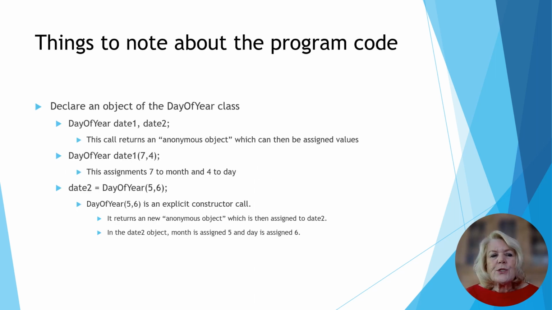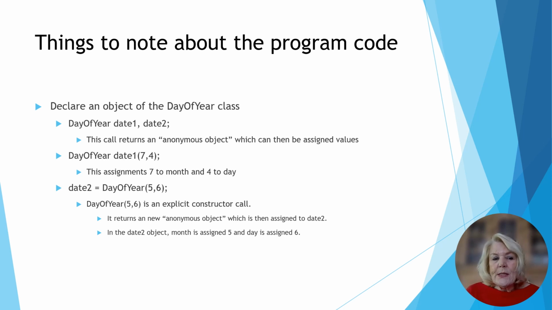A couple of things to note about the program code that shows the constructor. You can declare an object of the day of year class by just giving the class name, which is day of year, and then the object names, which in this case are date 1 and date 2.